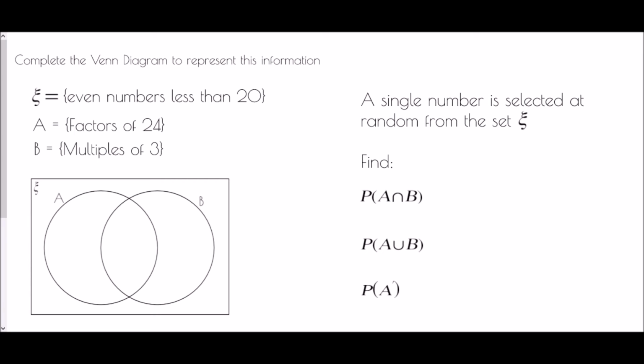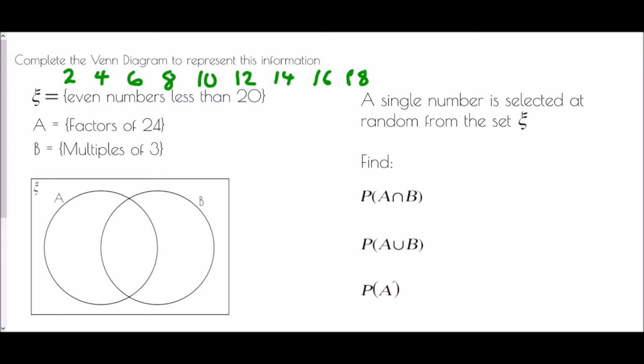So the even numbers less than 20, well, they'll begin at 2, and 4, and 6, and 8, and 10, 12, 14, 16, 18. And importantly, it is less than 20, so that's not including the number 20.